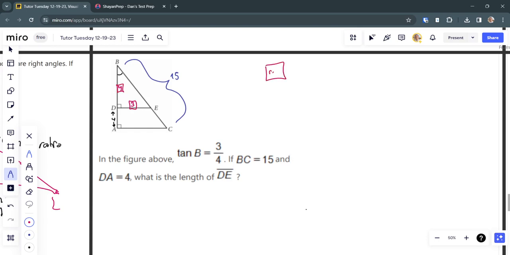And the box means it's a side length ratio, not the actual side length. That's always the confusing part. Tangent of B does not mean that these sides are 3 and 4. It's the side length ratio. And since this is a right triangle, that would mean that this hypotenuse would be 5, right? This is a 3, 4, 5 right triangle. You could also have calculated that with the Pythagorean theorem.